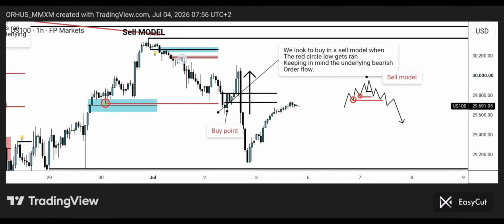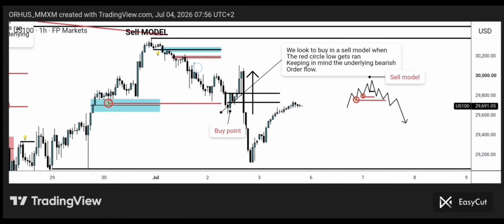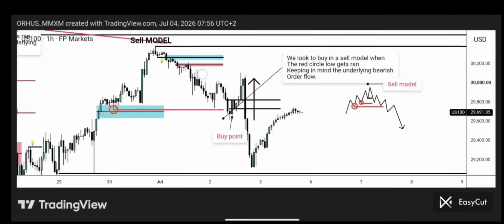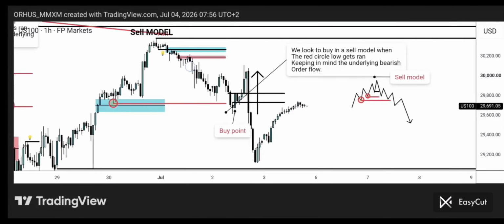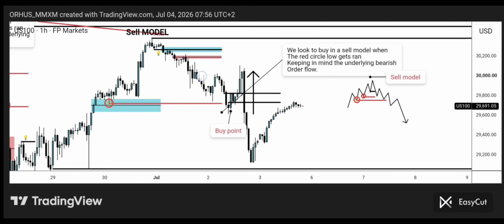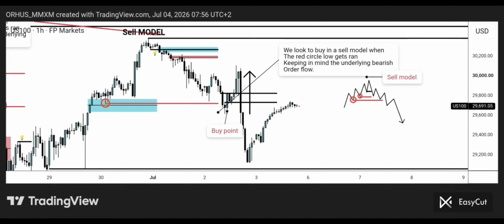because retail minded traders are already looking at this point as a clear trend line. If you look well, you see that a clear trend line can be drawn. The moment that we purged this high here, we could begin to look for sells in a sell model.